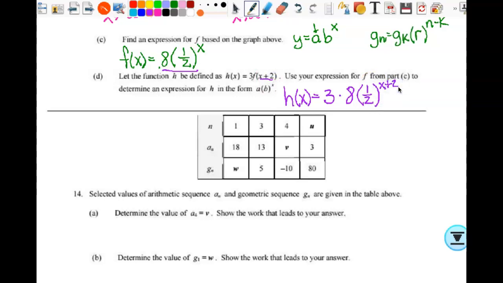I don't need any extra parentheses because of the nature of multiplication, but that's my answer there. These two I can multiply because there's no little exponent, so this is 24 times 1/2 to the x plus 2 power.